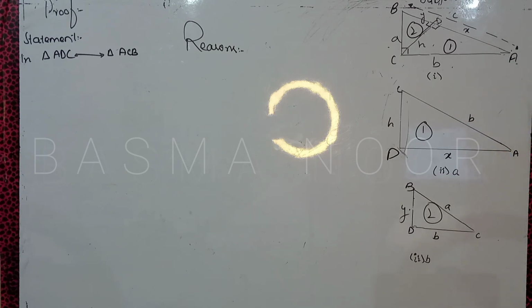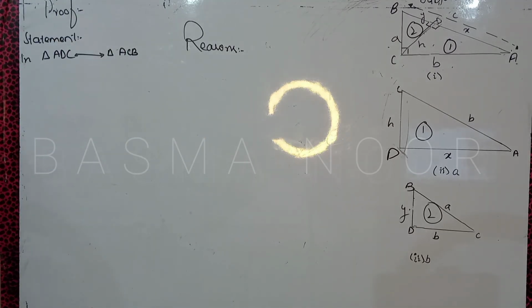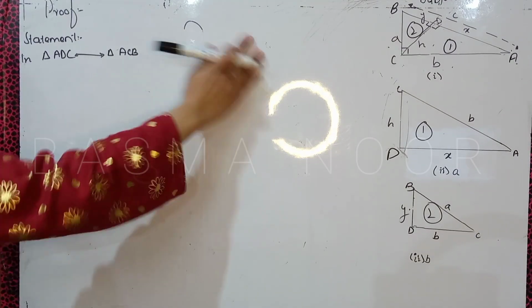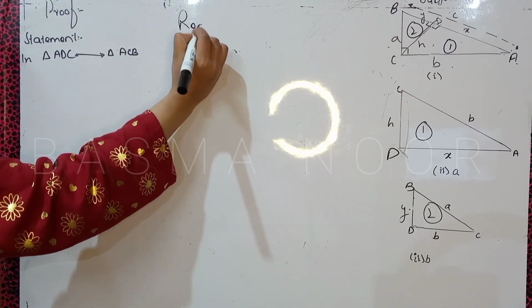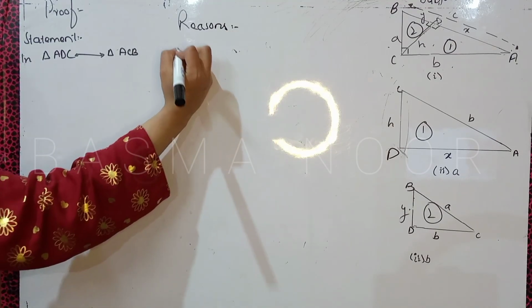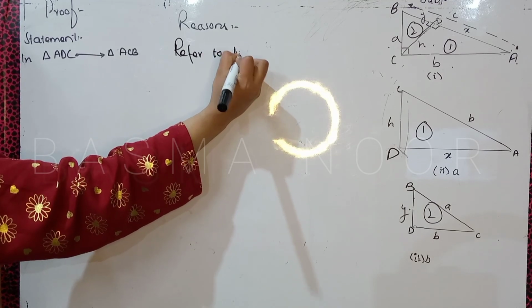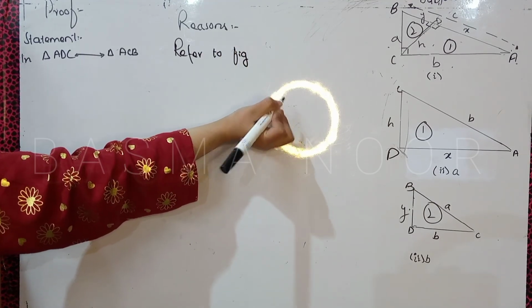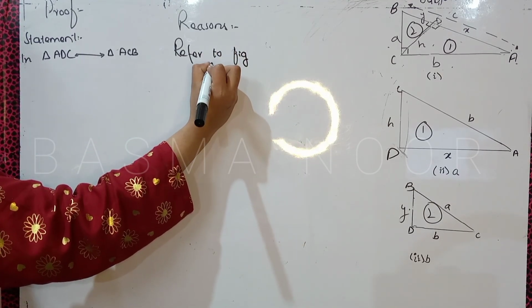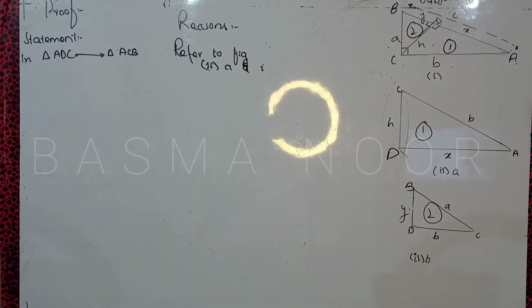This is this one. This is that one. Okay. So this triangle has correspondence to this triangle, and we are referring to figures 2A and 1, because we are taking its correspondence.